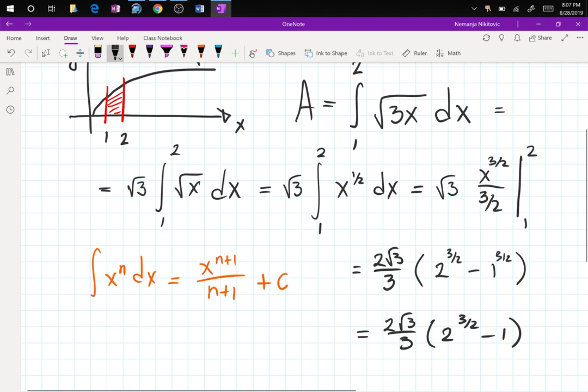In a calculator, you can use 1.5 as the exponent, and then subtract 1, and times the mess over there will get you a number. So when you have a function and two x values that bound it on the left and to the right, you are able to calculate the area under that curve.